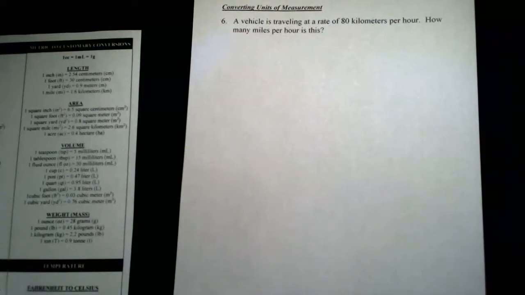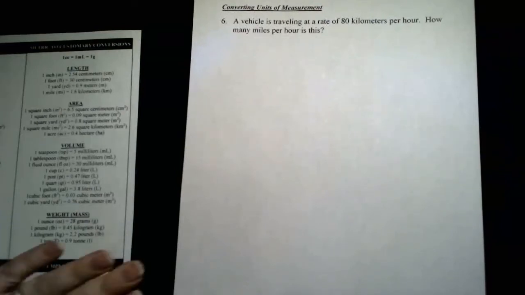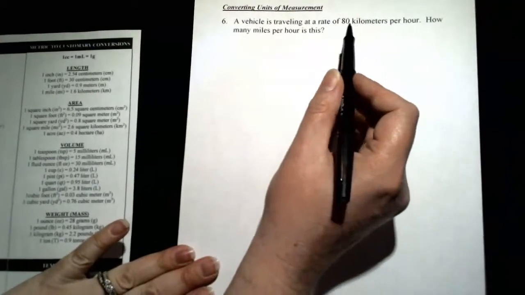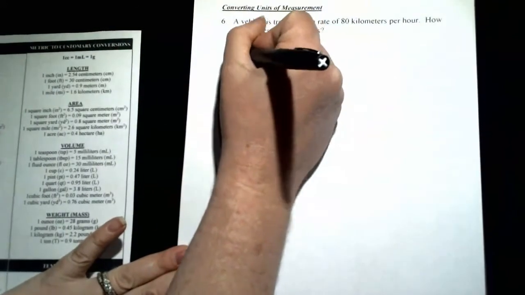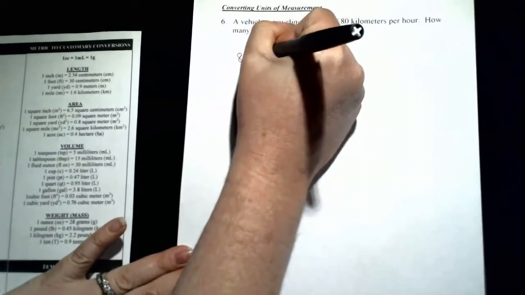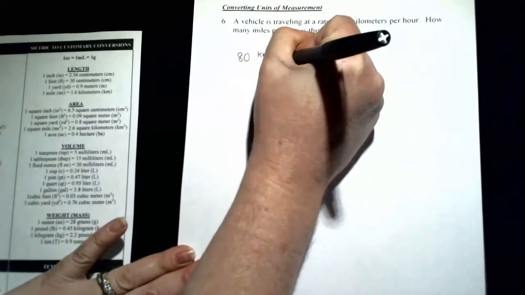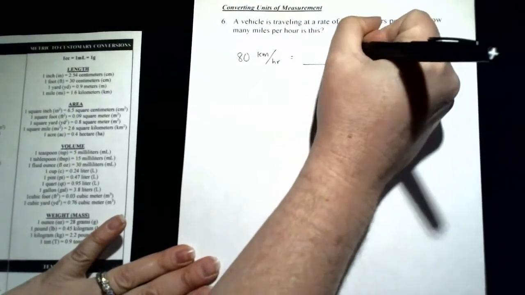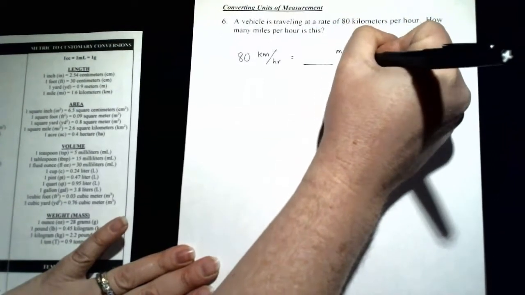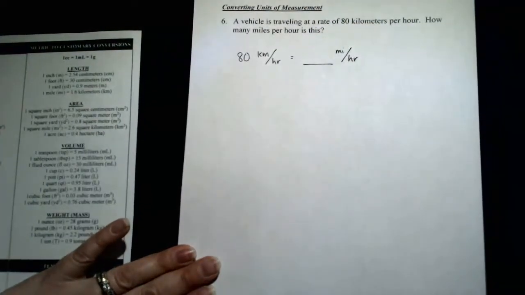Okay, number 6 says a vehicle is traveling at a rate of 80 kilometers per hour. How many miles per hour is this? So they're asking you to convert 80 kilometers per hour to miles per hour.